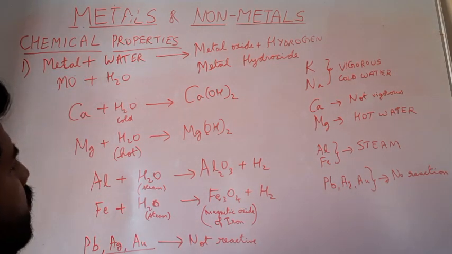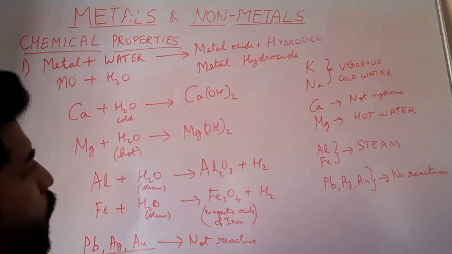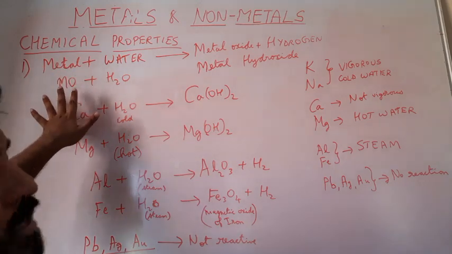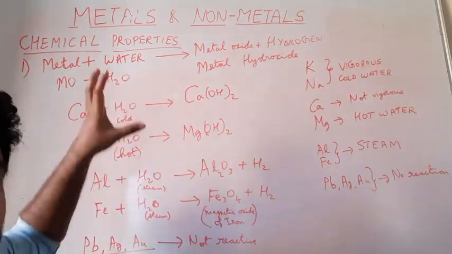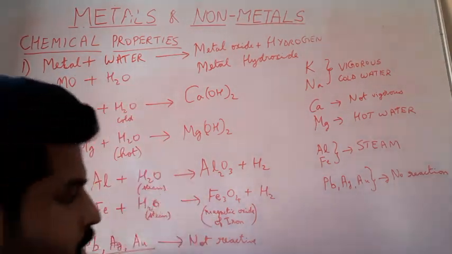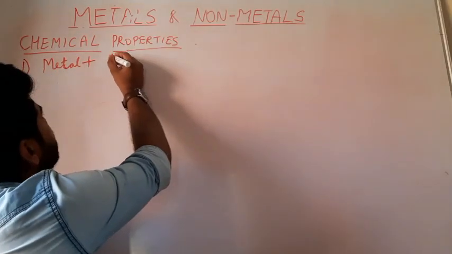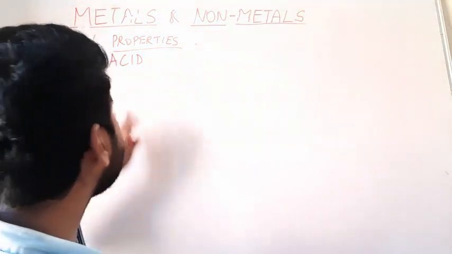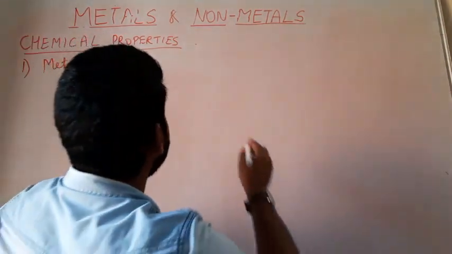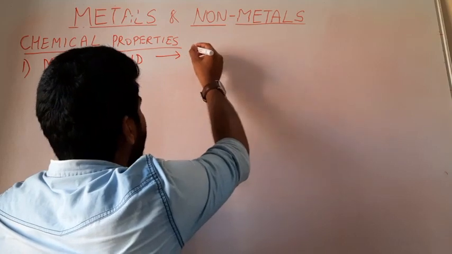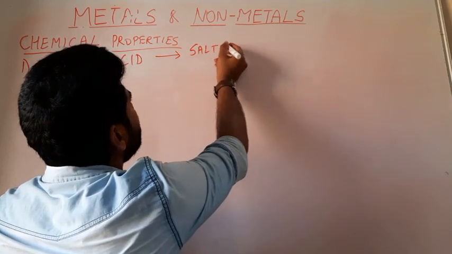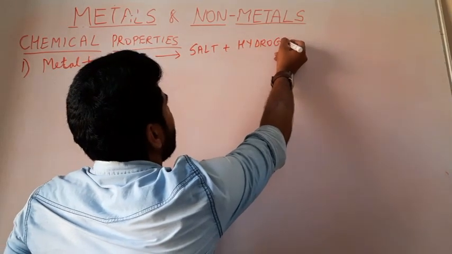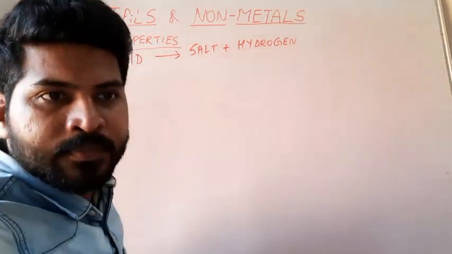Let us now see the reaction between metals and acids. How does a metal react with an acid? We have already seen in the lesson acids, bases and salts, the reaction between an acid and a metal. So we already know the answer, that a metal will react with an acid to produce hydrogen and salt.